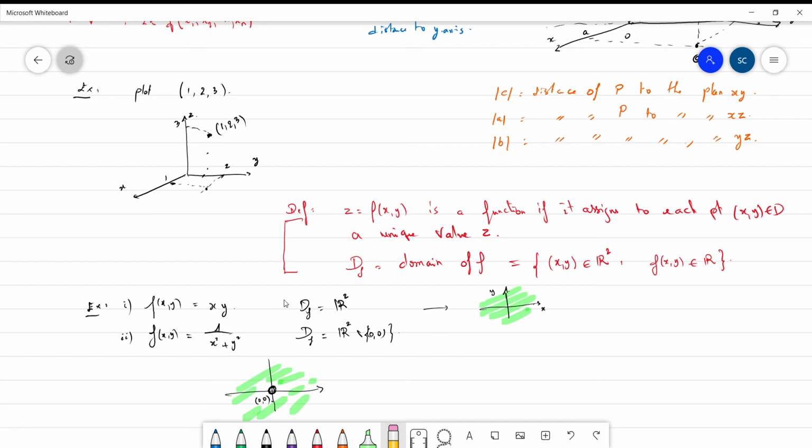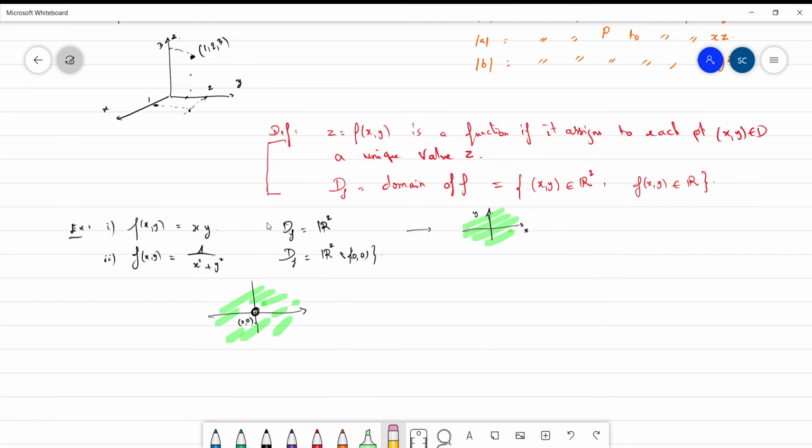Another example, the last example in this situation. What if my function f is defined by 1 over the square root of 1 − x² − y²? Let's see closely what our domain will be.